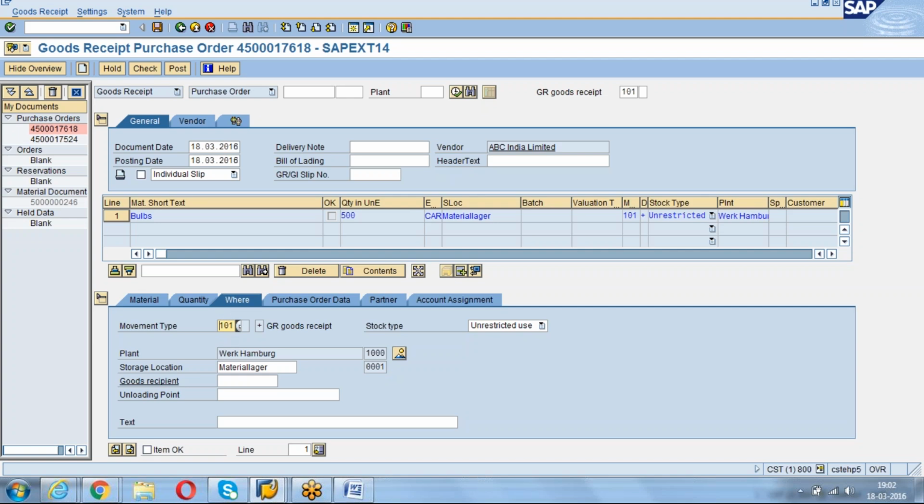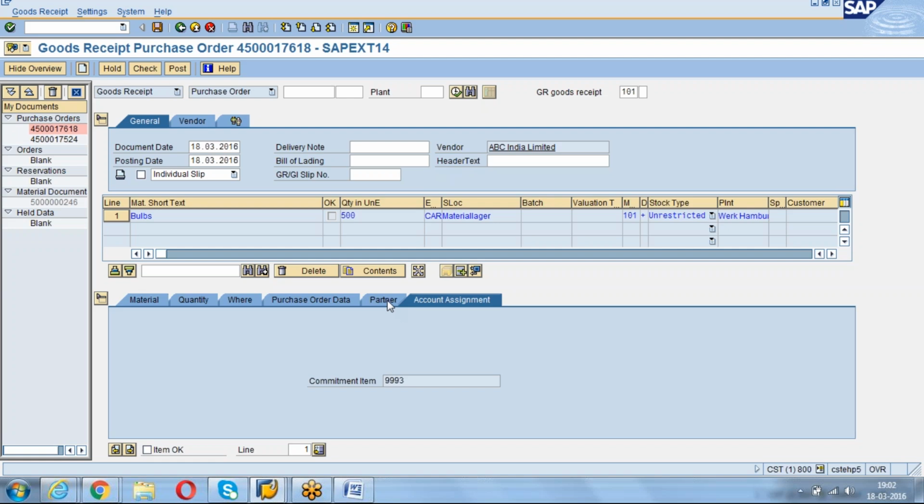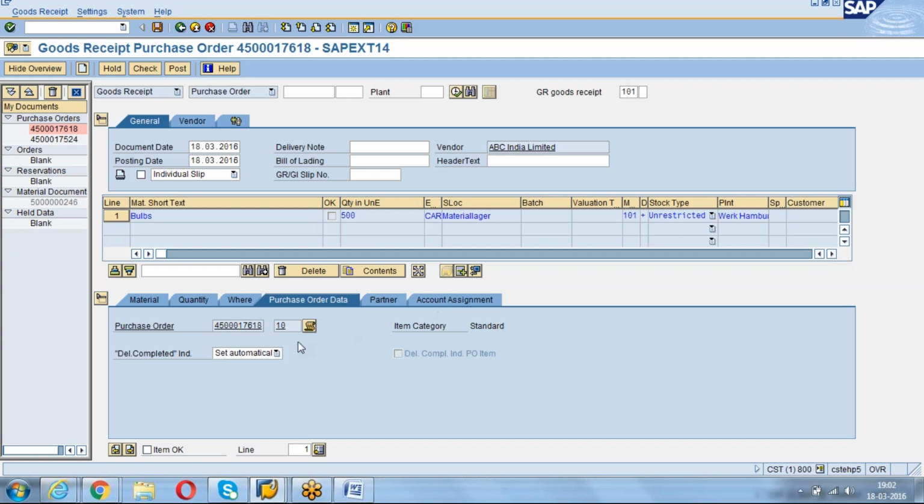In the where tab, we can see the movement type, the plant, the storage location and the recipient, for example the test storekeeper. And in the PO details, if it is a consumable against a cost center, we will see the account assignment. As it is a direct material, we won't have any cost center details.